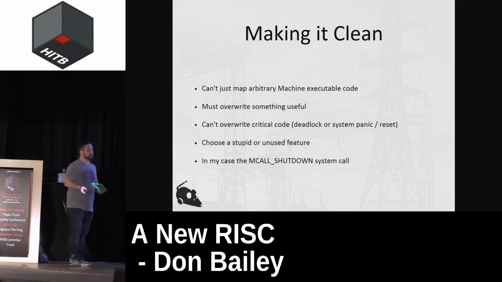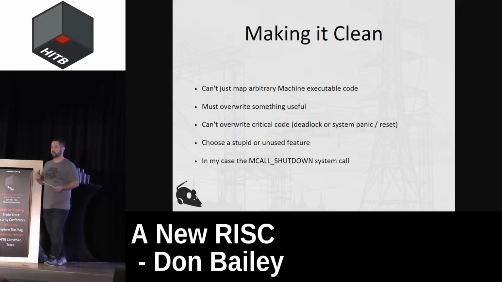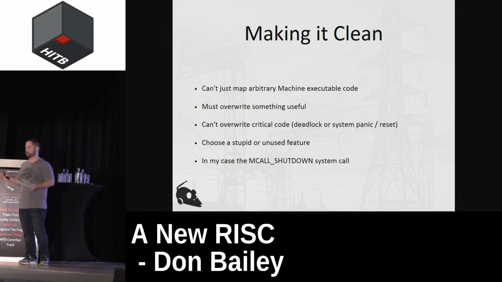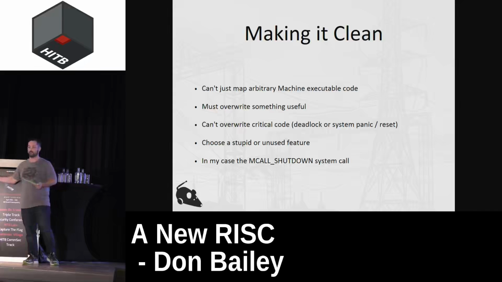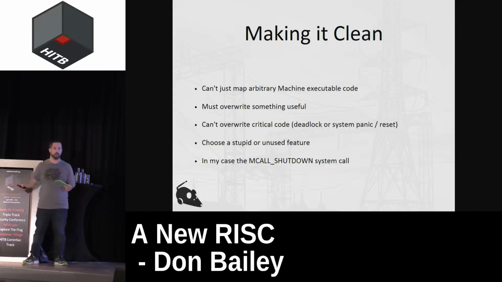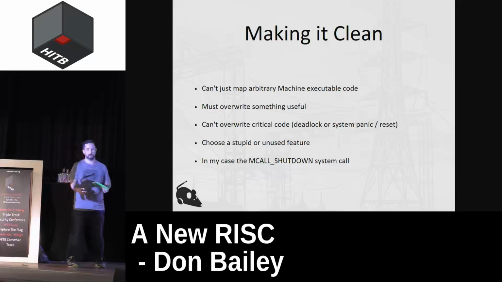So basically what I did, and this is how you make it clean, because this is otherwise kind of a screwy exploit. It sounds simple, but when you actually implement it in practice, it's kind of a pain in the butt, right? Because you can't just access the machine executable code region and start overwriting whatever. Because most of that code is not going to get called from supervisor land.